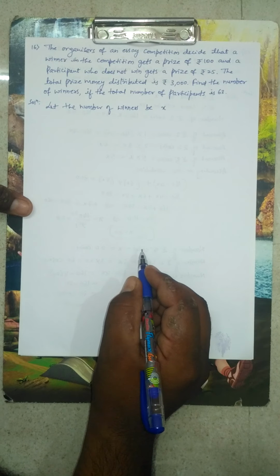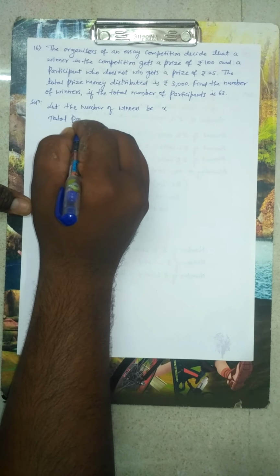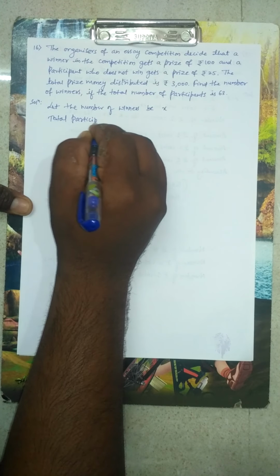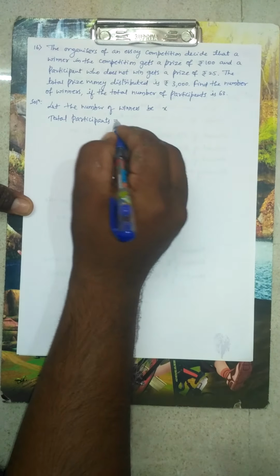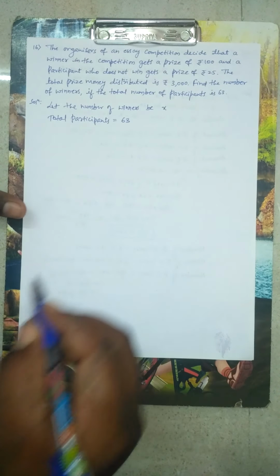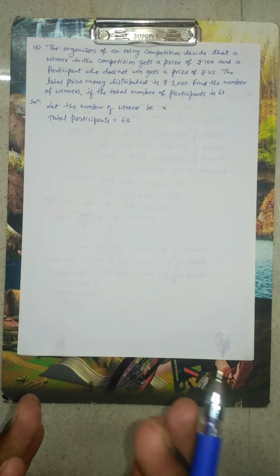Now total participants. Total how many participants are there? 63 total participants are there. So winners, how many are there? x are there. So non-winners means in that total we have to remove winners.